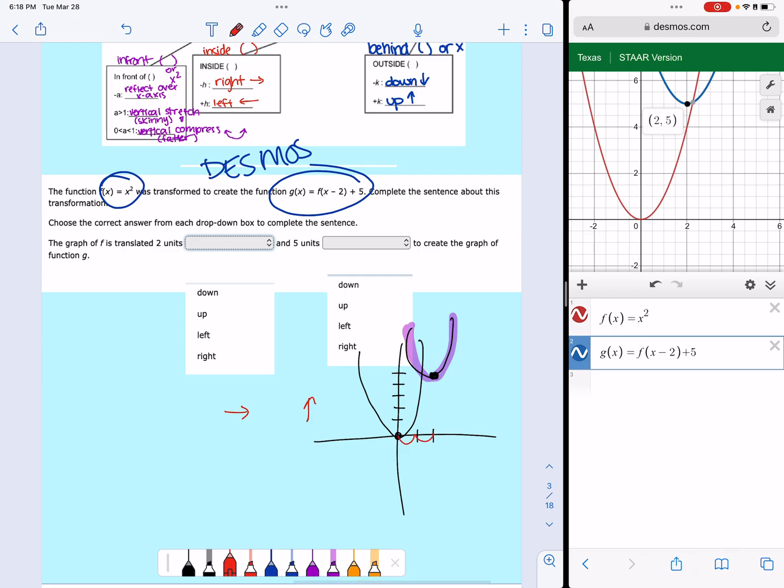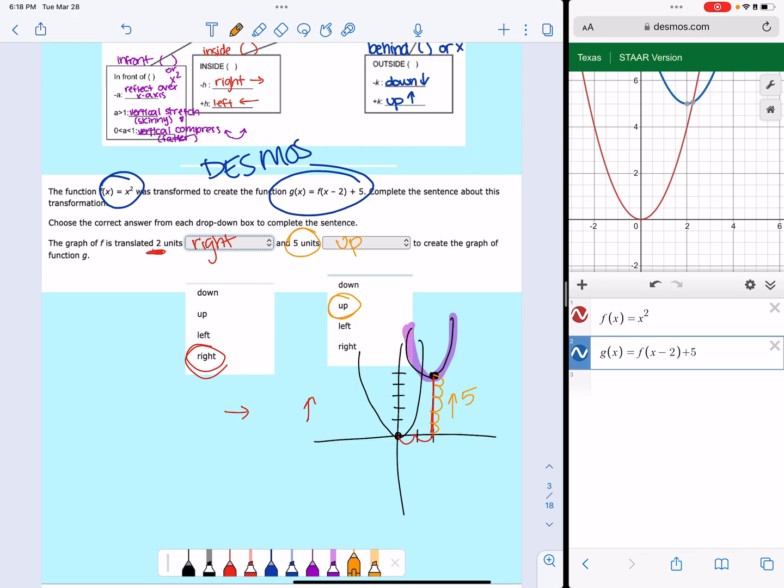We went 1, 2 to get this new one. 2 to the right. And then it went up 1, 2, 3, 4, 5. It went up 5.